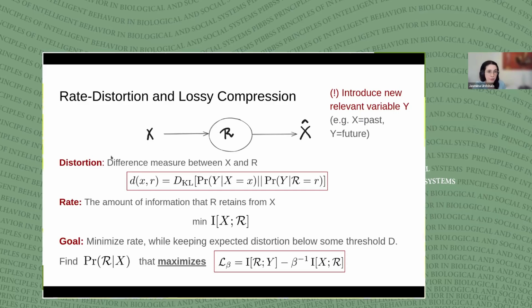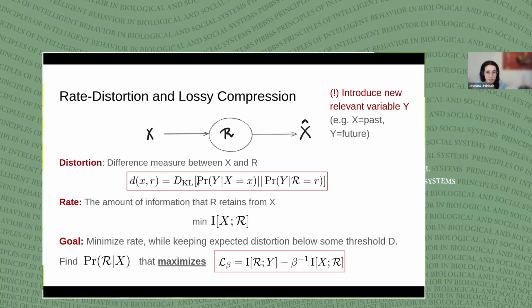And then for the distortion measure, we can choose an information theoretic flavored measure, which is the KL divergence between two distributions. If we want to call it the true distribution, where conditioning on an explicit realization of the past X, we predict the future or some future property.